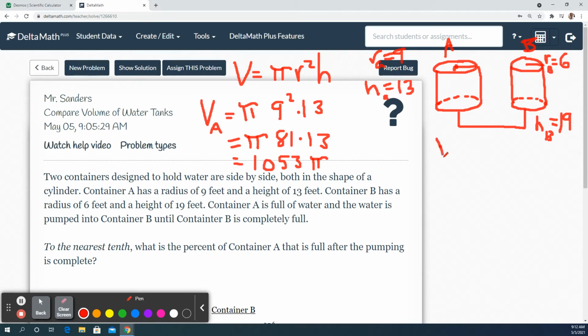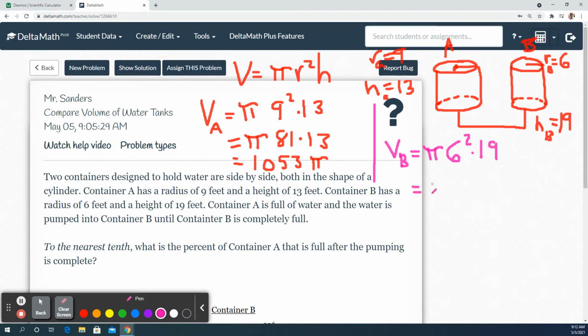All right. Then we'll go ahead and look at the volume of tank B. So give myself some more room here. Volume of tank B is going to be equal to pi times the radius squared, radius is 6, times the height, which is 19.